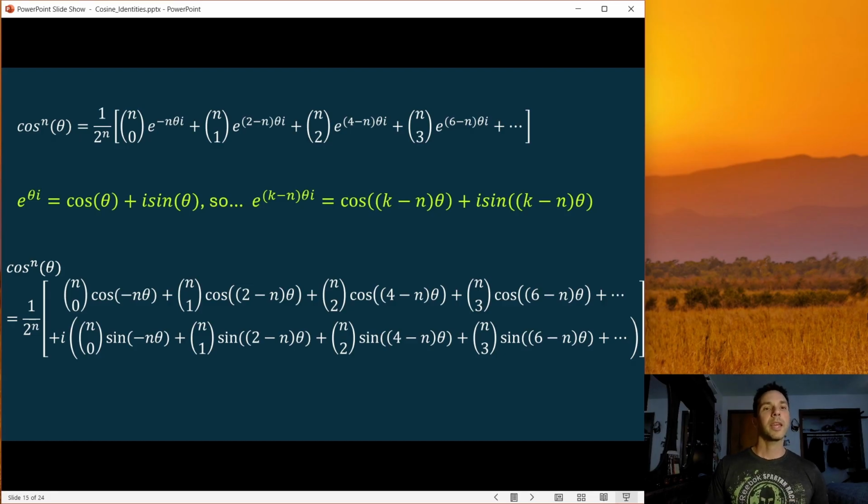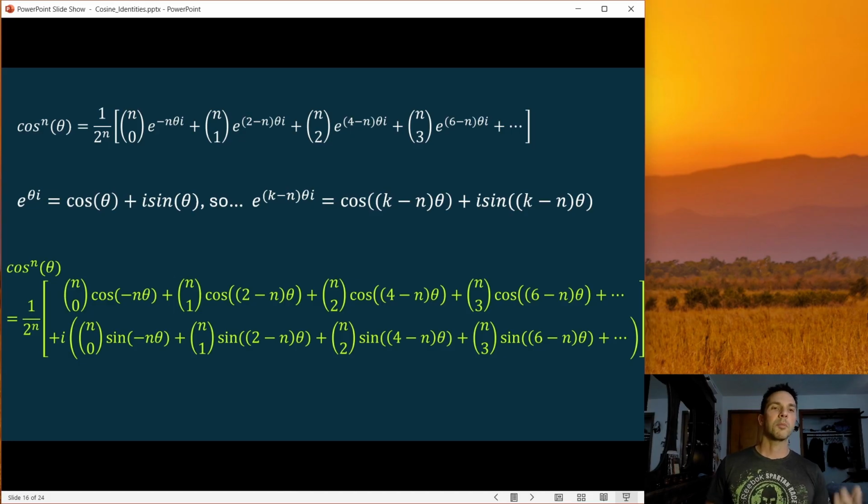What that e to the minus n theta i is going to do for us, once you see how we follow the steps, is allow us to take the terms that we had on the right side, in the form of 2 minus n and 6 minus n and 4 minus n, and now we can split our equation into its own cosine and sine terms because we know what all of those e's are.